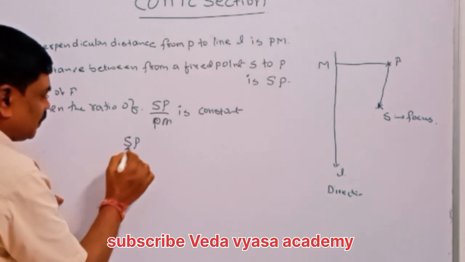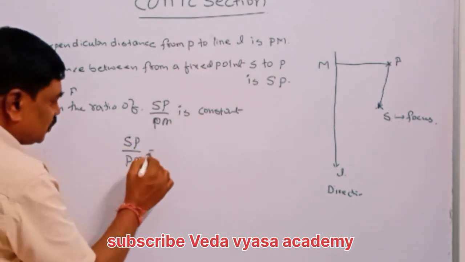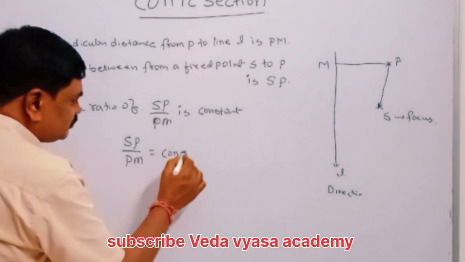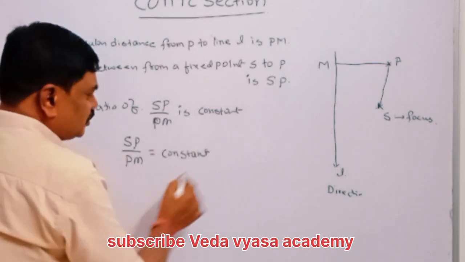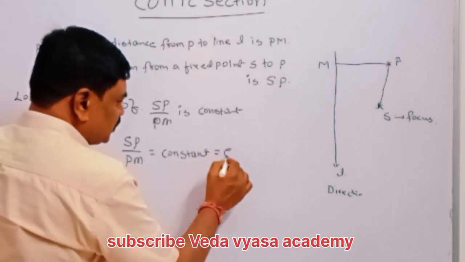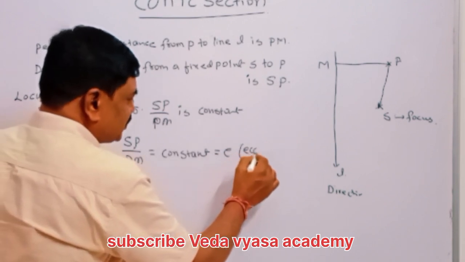So, SP by PM is equal to a constant, and this is denoted as E, the eccentricity.